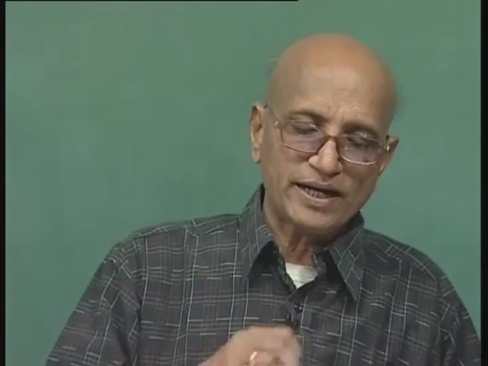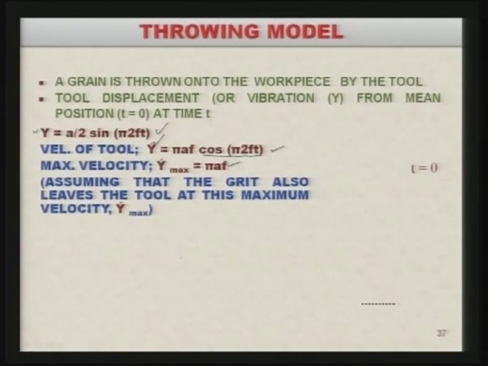So, frictional losses will be there. So, the actual velocity of the abrasive particles with which they hit the workpiece will be different from this maximum velocity. However, for simplicity of analysis, we are assuming that the maximum velocity of the abrasive particle hitting the workpiece surface is pi a f itself.